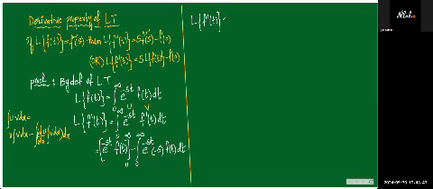Upper limit: e power minus infinity, that is 0, and 0 times anything is 0. Lower limit: e power 0 is 1, and f of t becomes f of 0.